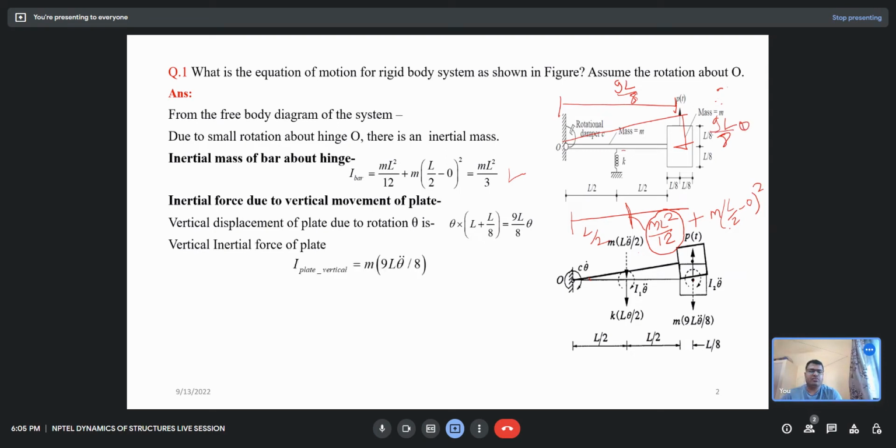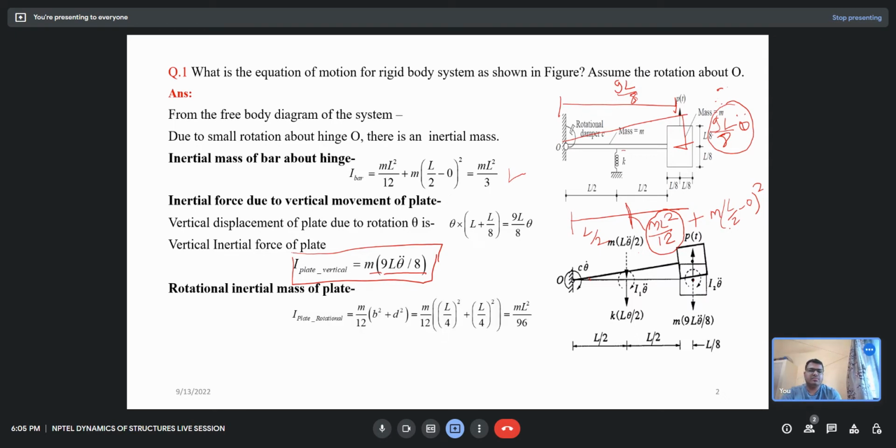The vertical force developed in this mass is the mass multiplied by the acceleration. If this is the displacement, I double differentiate it for the acceleration, so that will be 9L by 8 into theta double dot. That is the inertial force due to the plate in the vertical direction. Now the rotational inertia.